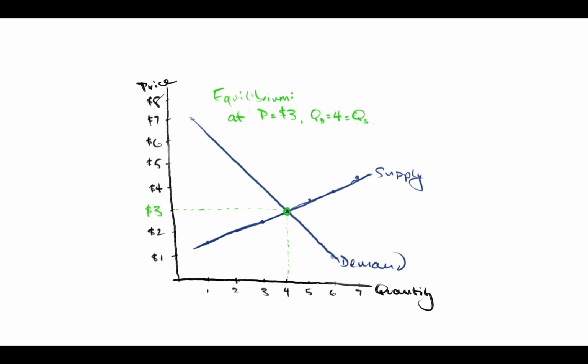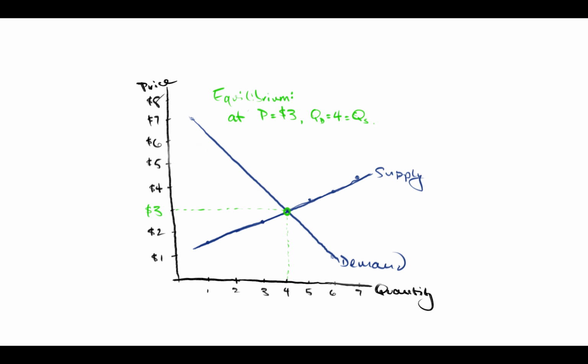At a slice of $3, my company would be willing to produce 4 slices. So those two things match up, and everyone is happy. All the consumers have their desires fulfilled. The producer is able to sell everything that the producer wanted to make.